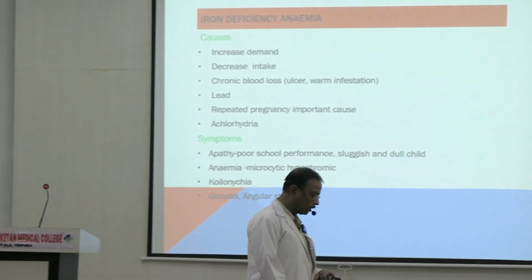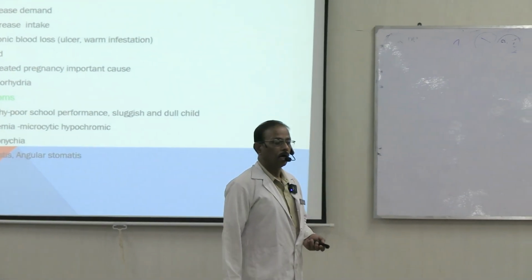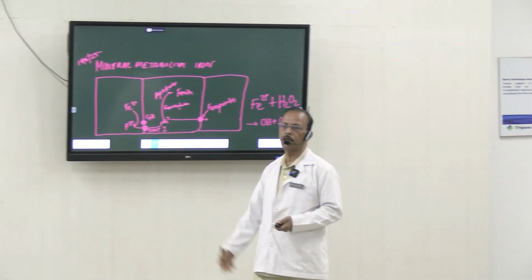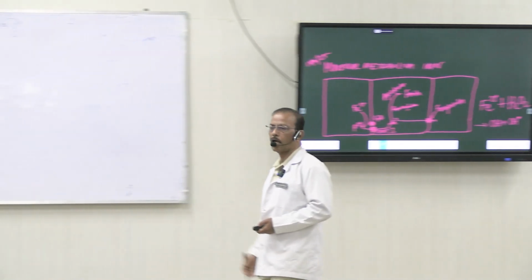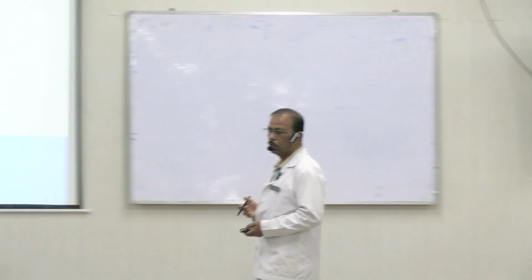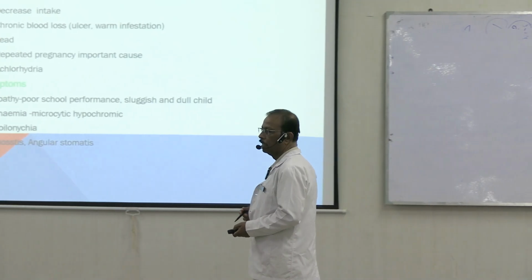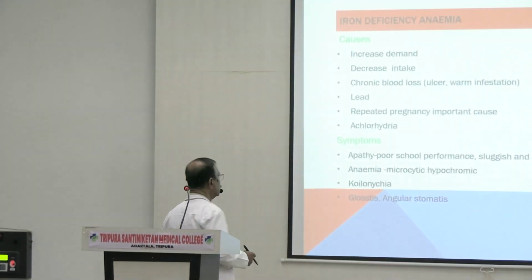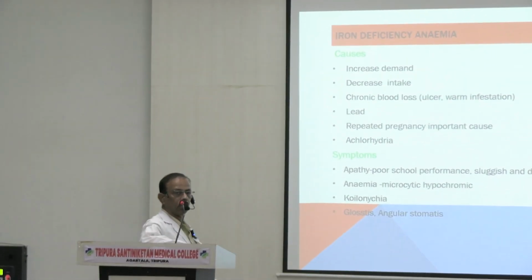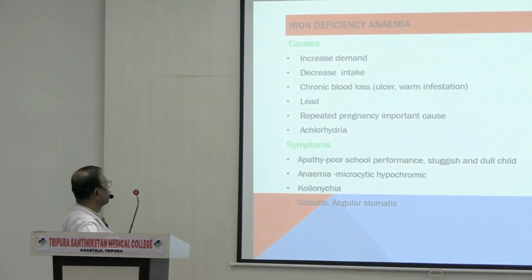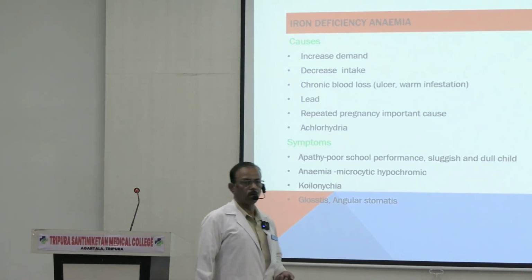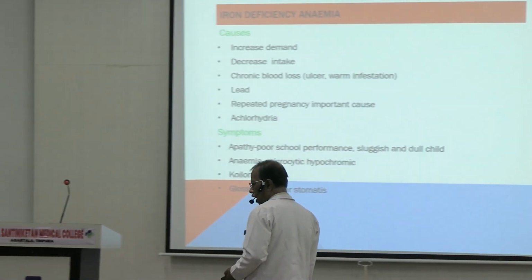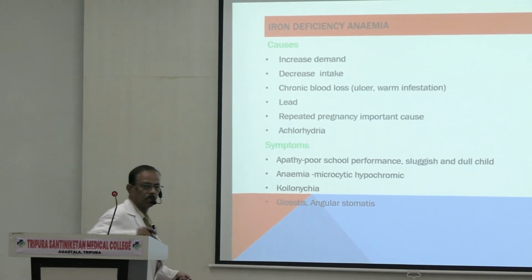In the Indian context, most women in rural areas are subjected to repeated deliveries, and they do not get the iron required to replenish their iron requirement. So this is the most important cause of iron deficiency anemia. Then one disease called achlorhydria, Zollinger-Ellison syndrome. There also absorption of iron is hampered.